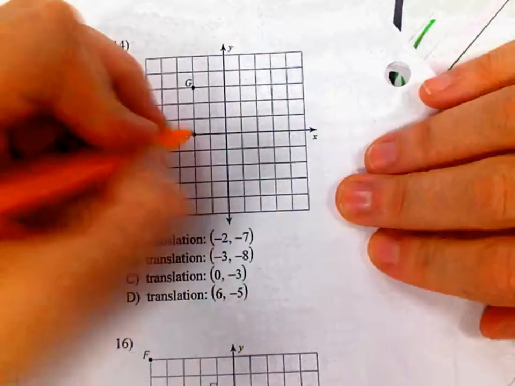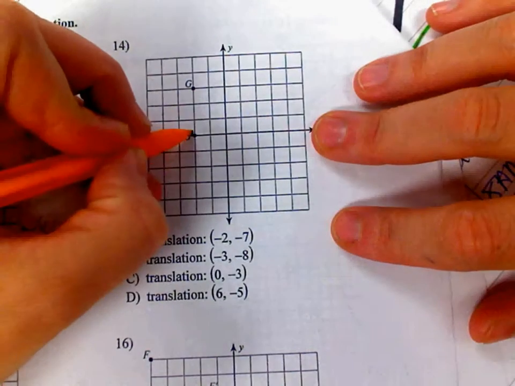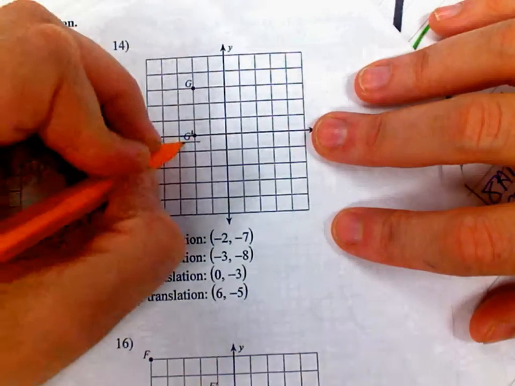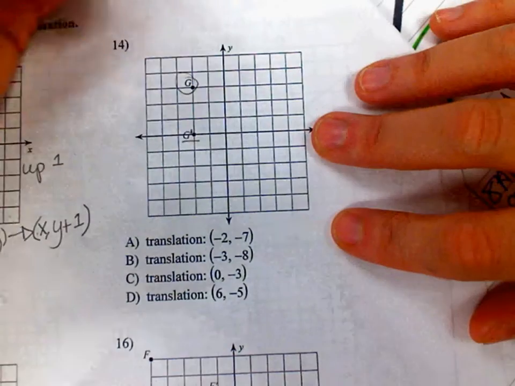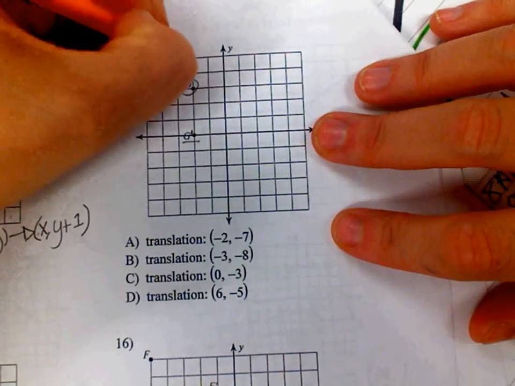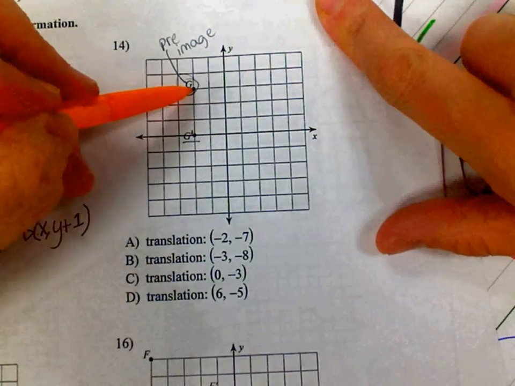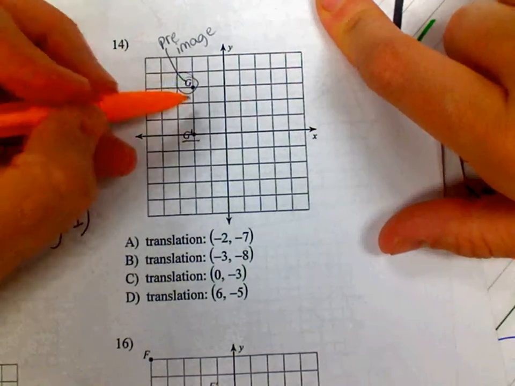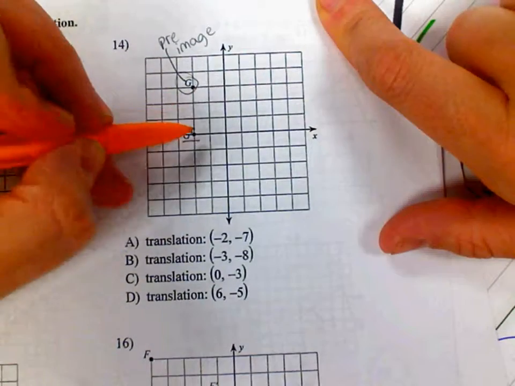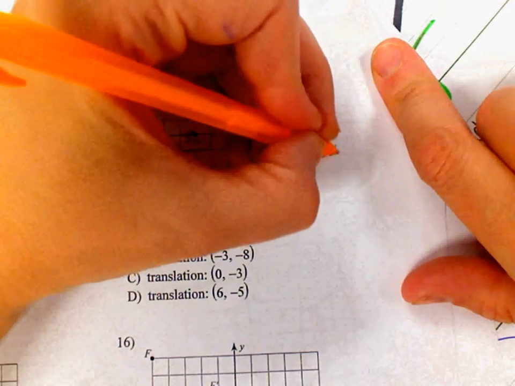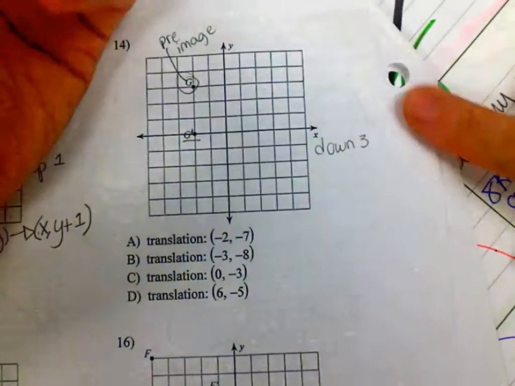Okay, 14 is just 1 point. This little prime is down here, which tells us that this is the image, this is the pre-image. So this is the starting point. So if this is the starting point, then that means that this point went down 3 units.